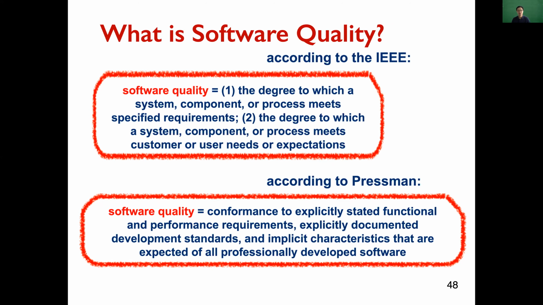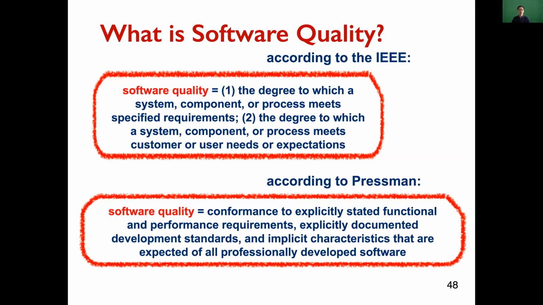According to Pressman, software quality is about the conformance to explicitly stated functional and performance requirements, explicitly documented development standards, and implicit characteristics that are expected of all professionally developed software.